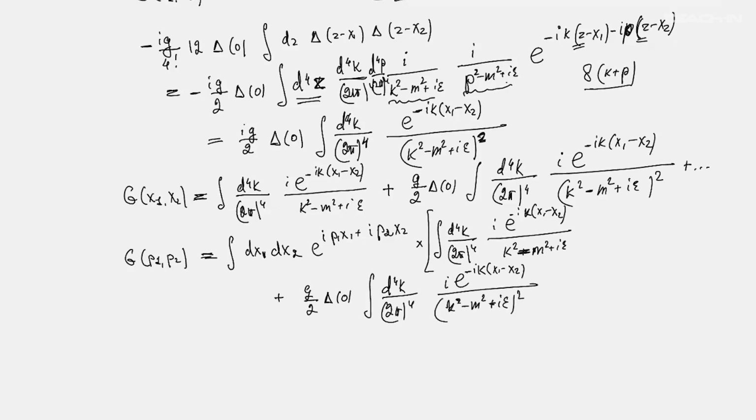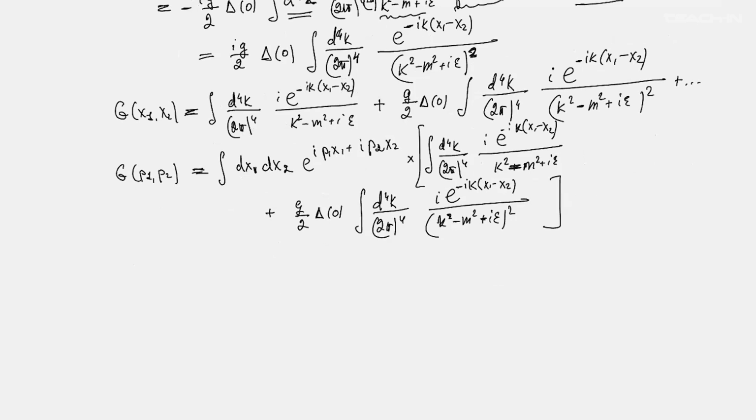Okay. Now you see that you can actually perform integration over x1 and x2 without any problem. Say with respect to x1, it will give you a delta function, which makes p1 equal to k.